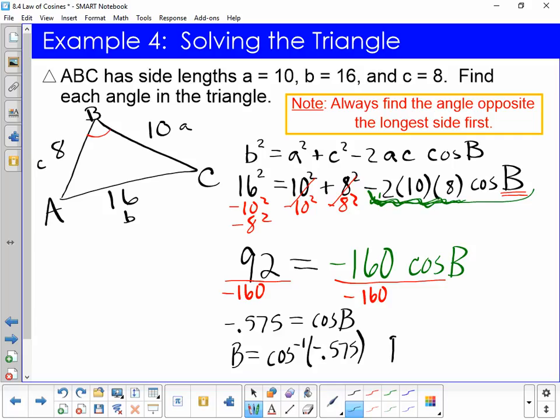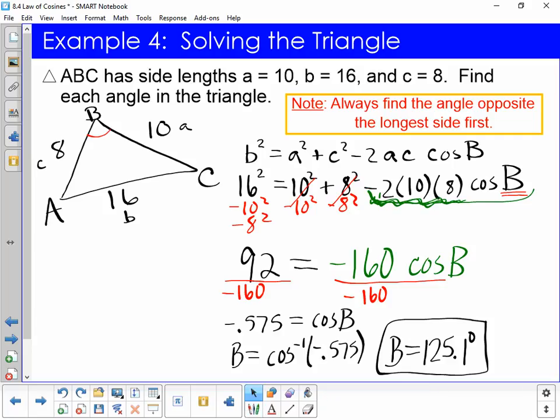So I find that angle B is 125.1 degrees. I think it's worth mentioning here that law of cosines does not have an ambiguous case. So that's probably good news for some of you.